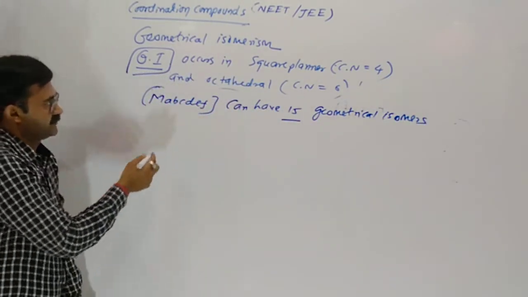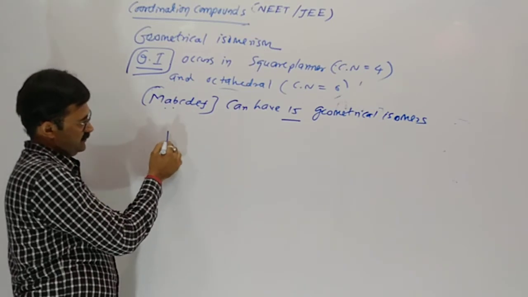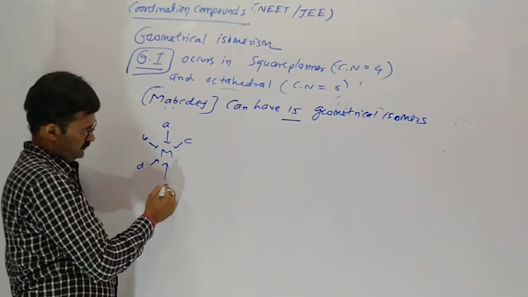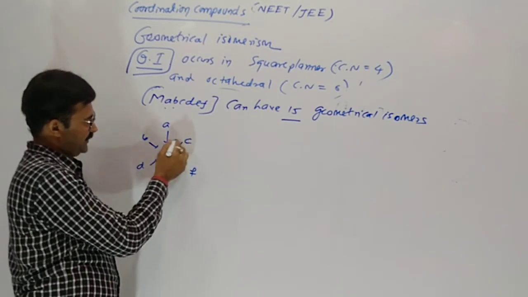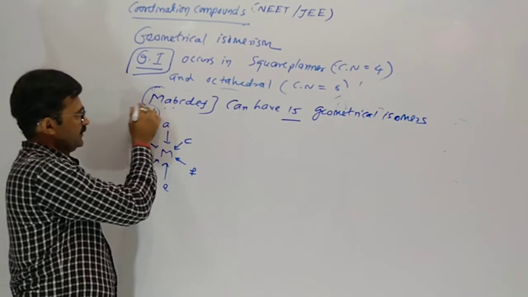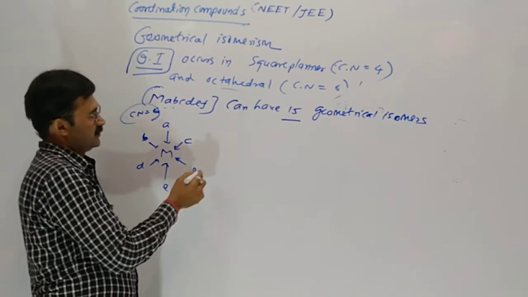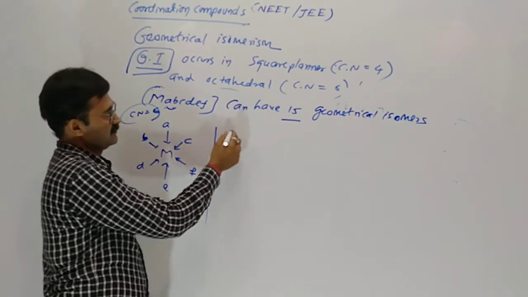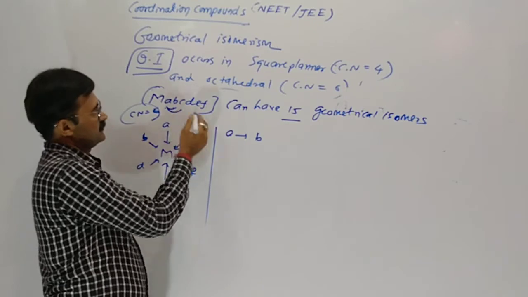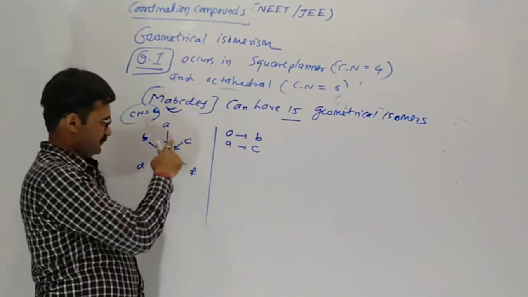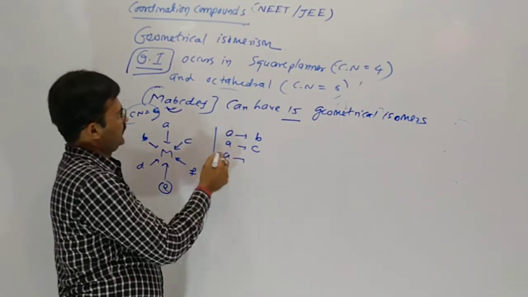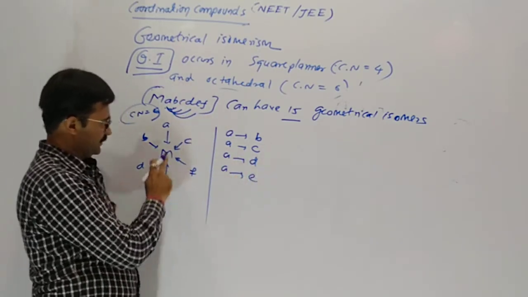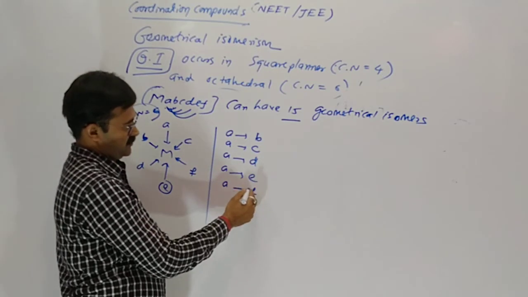Yes, how? If all the 6 are monodentate, so octahedral, coordination number 6. On the basis of this, A opposite with B, A opposite with C, A with D, A opposite to E, A opposite to F.